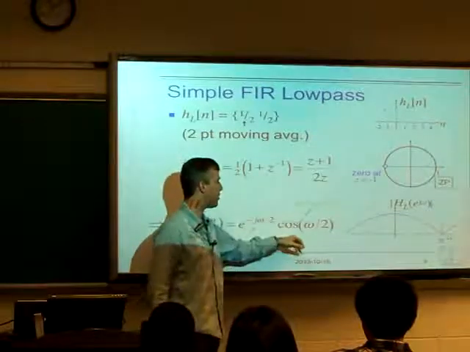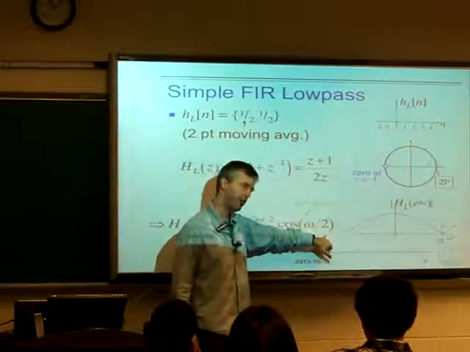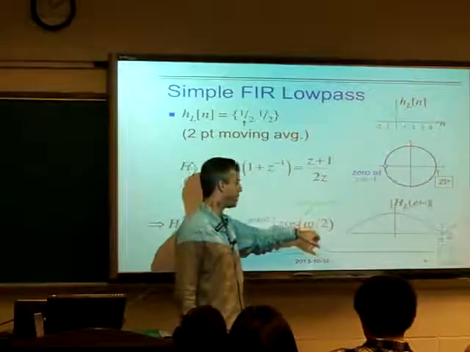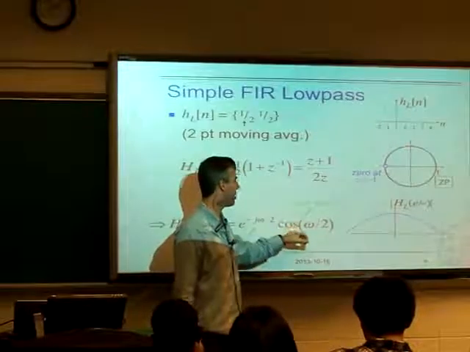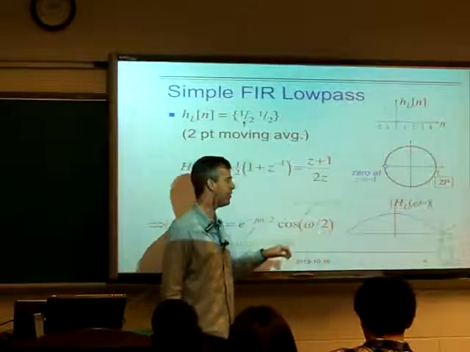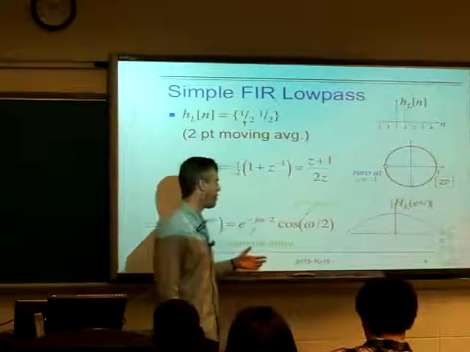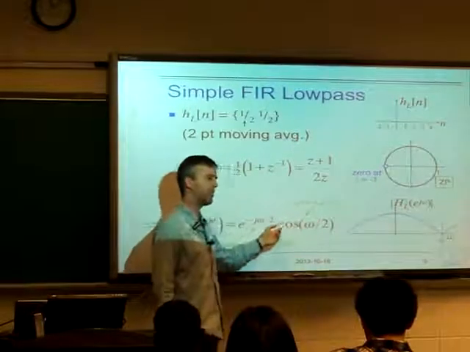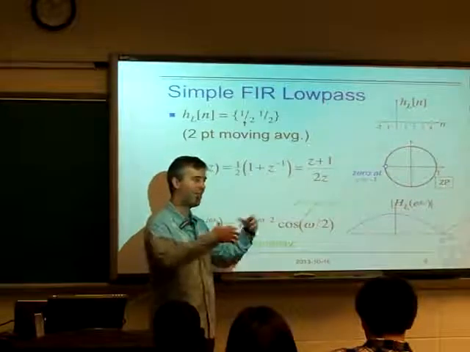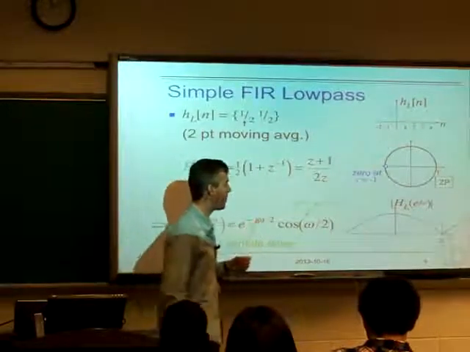Here we've got a frequency response that's actually cosine omega on 2, which is periodic in omega equals 4 pi, right? This is not going to complete a cycle until omega gets to 4 pi. So it's like, wait, you're saying the frequency response has to be periodic in omega equals 2 pi, but you're building it out of something which doesn't repeat until omega equals 4 pi.